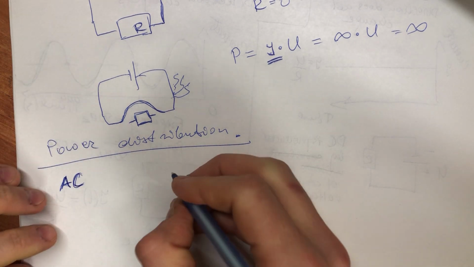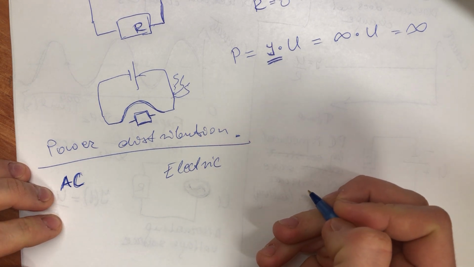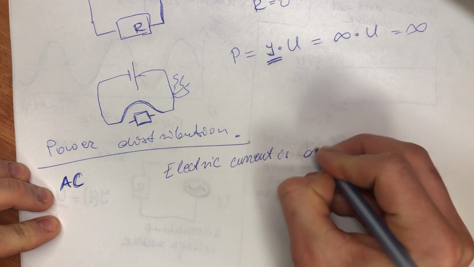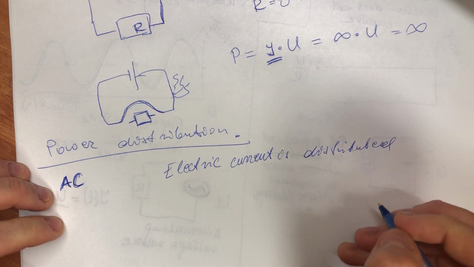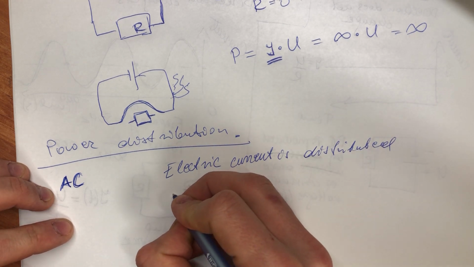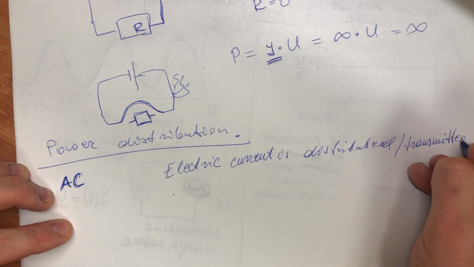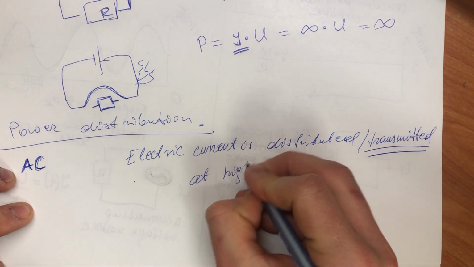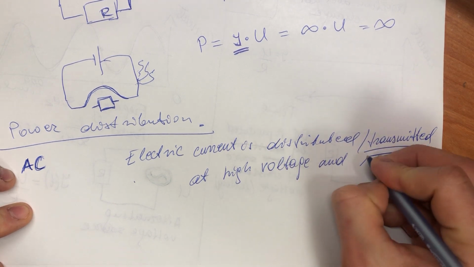Electric current, or electric power, however you want to call it, is transmitted at high voltage and low current.